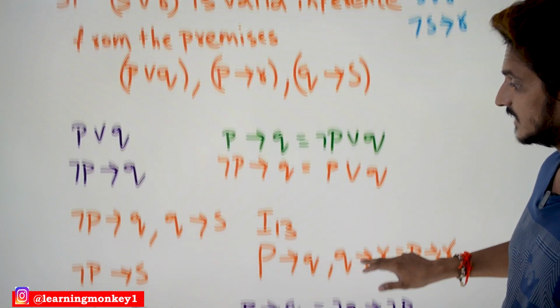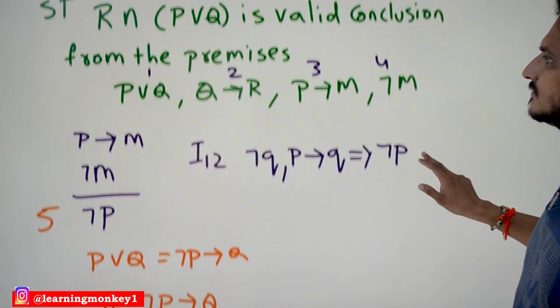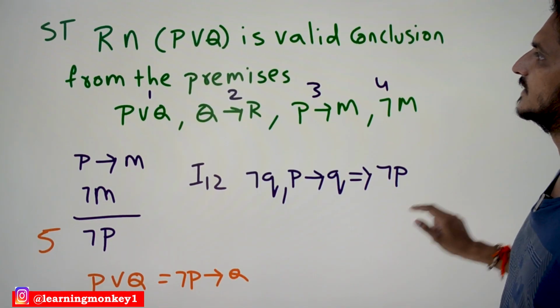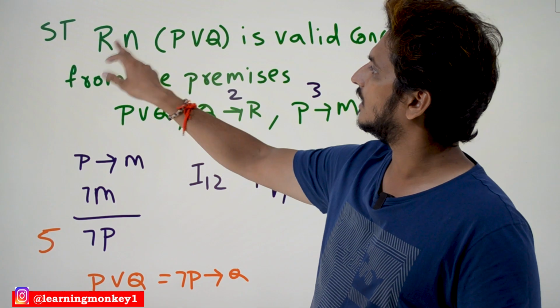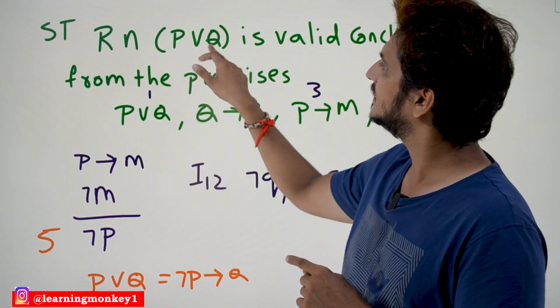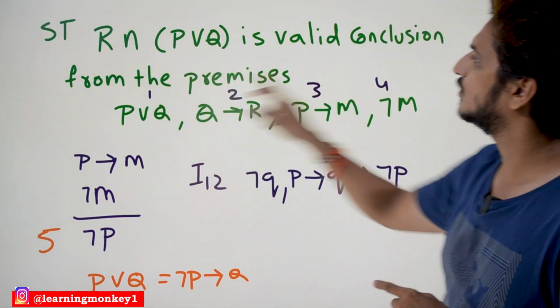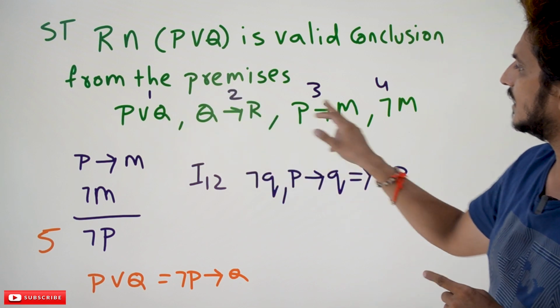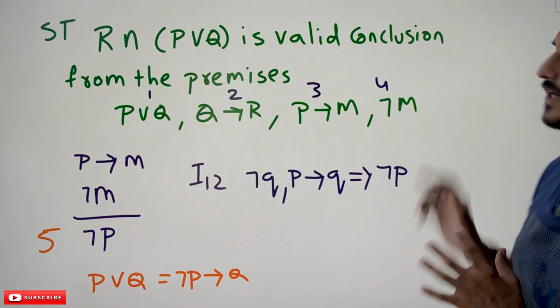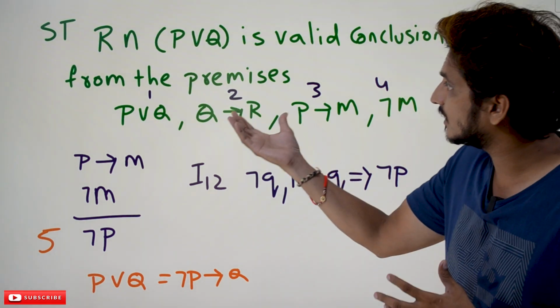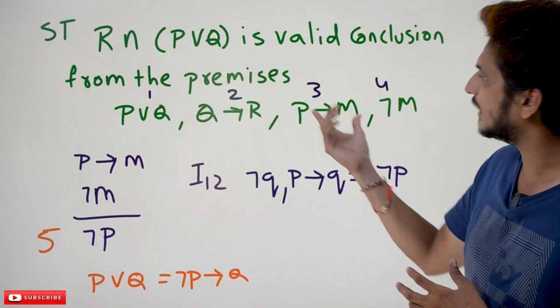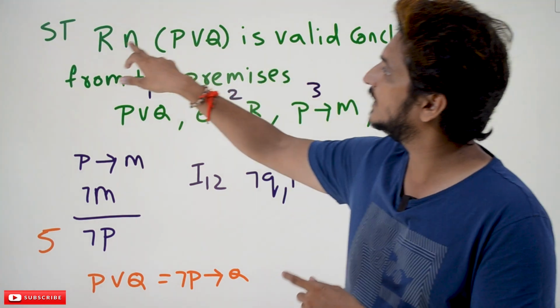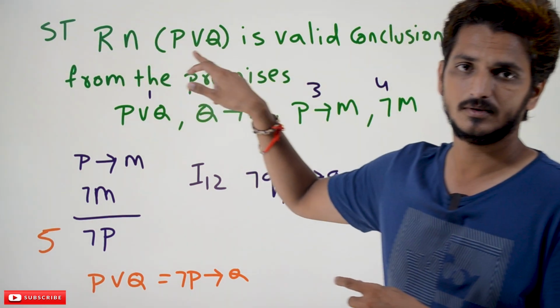Now coming to the next example. See the second example. Show that R conjunction P disjunction Q is a valid conclusion from the premises P disjunction Q, Q implies R, P implies M, negation M. So here also we are having this in the form of implies, but our output should be in the form of conjunction.